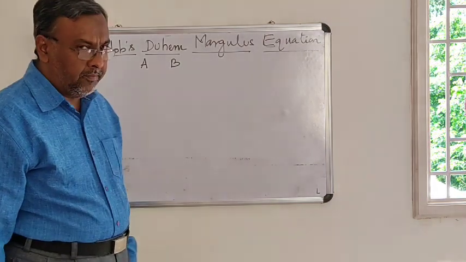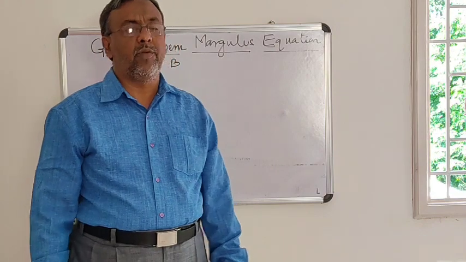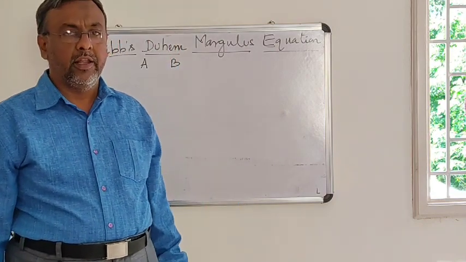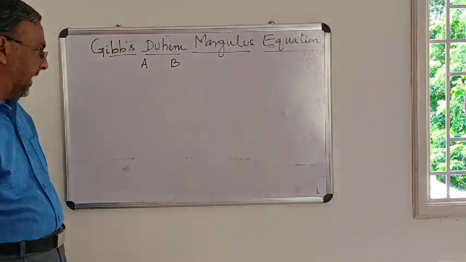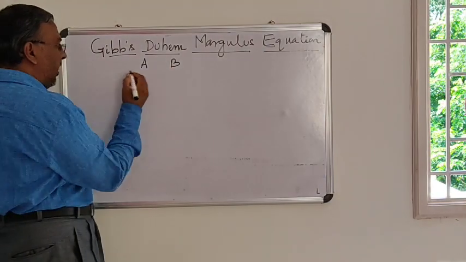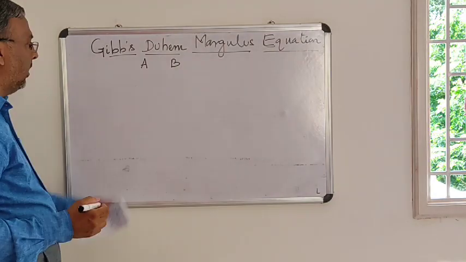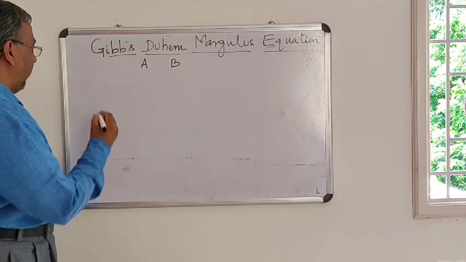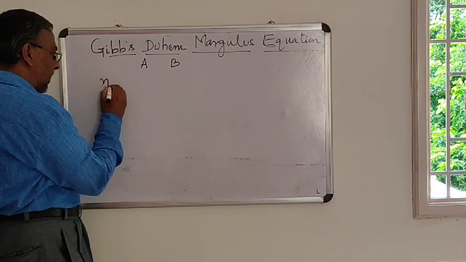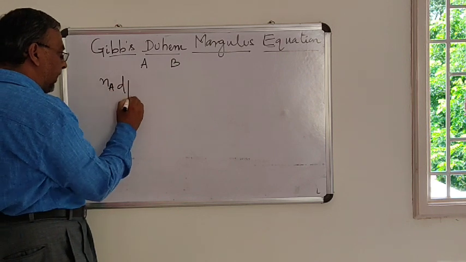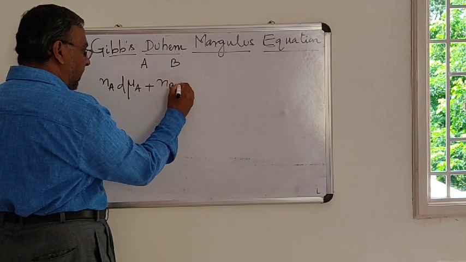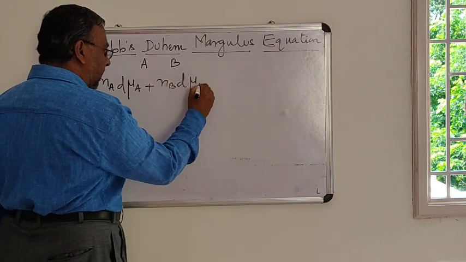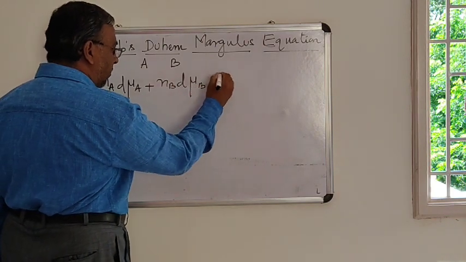You have studied the Gibbs-Duhem equation, you might have studied it in the last semester. What is the Gibbs-Duhem equation? I am using it for these two constituents as Na d mu A plus Nb d mu B equals 0.